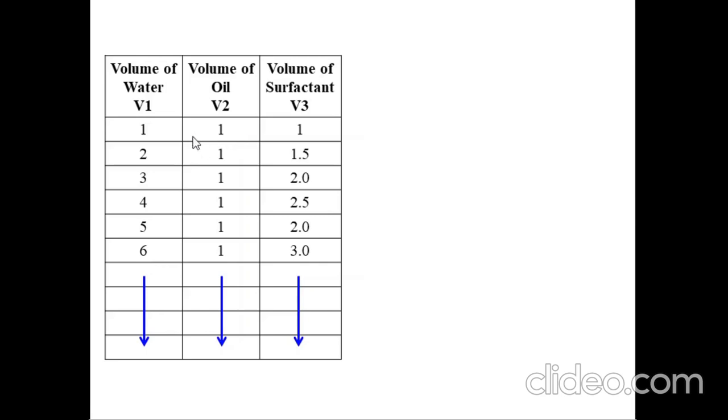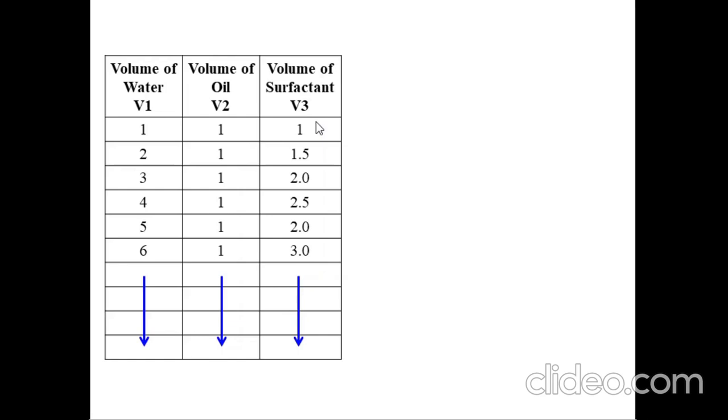If you take 1 ml of water and 1 ml of oil in a test tube, you can see that it is indicative of a two-phase system. Two distinct layers can be seen. Now when surfactant is added from the burette to the mixture of water and oil, it is added till a homogeneous single phase system is obtained.